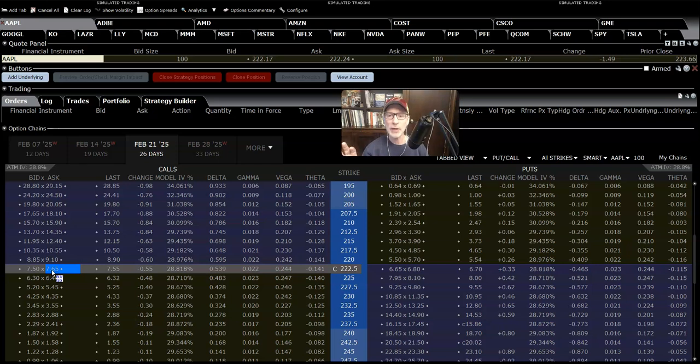So now you have to figure out, well, what are the chances of Apple moving up to $230 in the next 26 days? This is where the probability comes into play. Versus if you just bought Apple at $222 and it went up to $230, you would make $8 per share. You'd make $800. But if Apple finishes at expiration at $230, you're not going to make any money if you bought the call option.